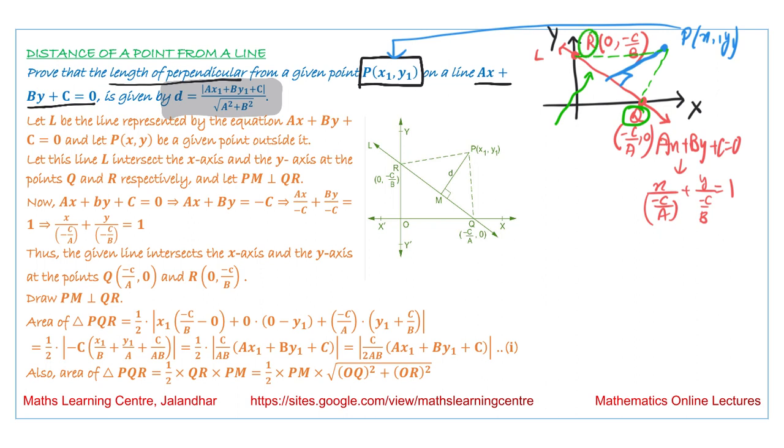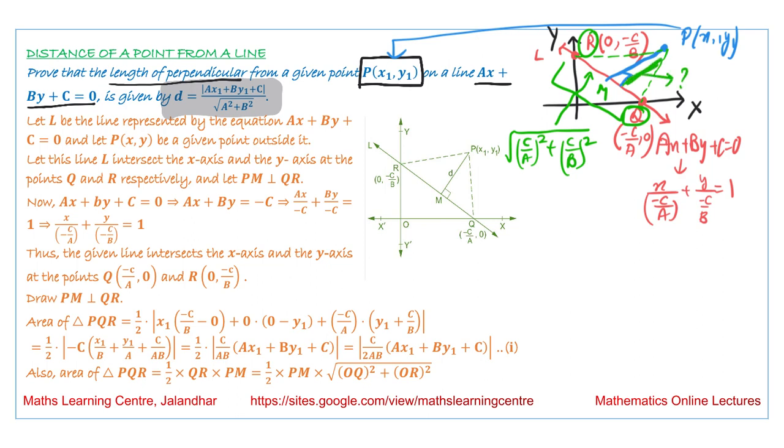This QR length will be the square root of (c by a) square plus (c by b) square. We are calling this foot of the perpendicular point M, and we want to calculate the length PM.